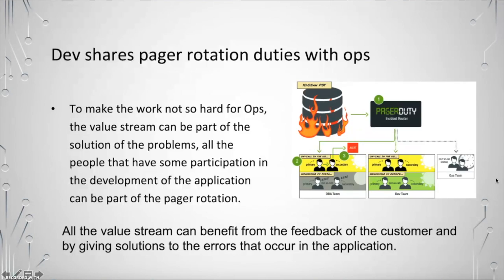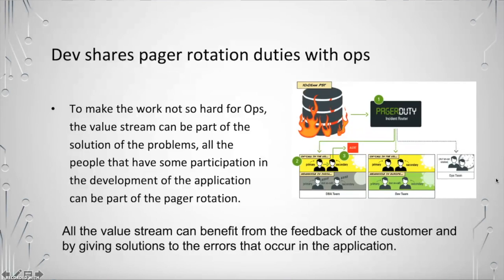To make the work not so hard for operations, the value stream can be part of the solution to the problem. All the people that have some participation in the development of the application can be part of the pager rotation. So not only operations can be part of the solution.